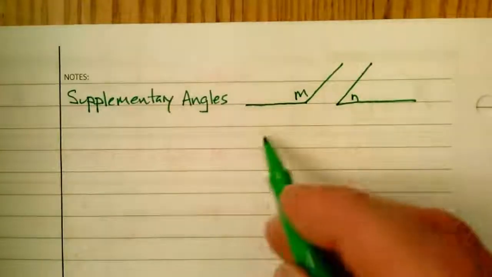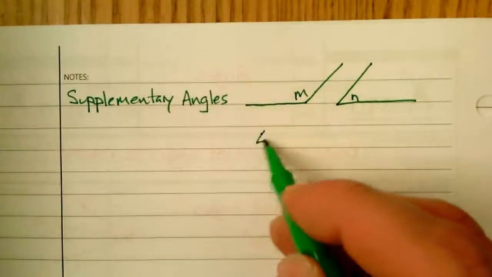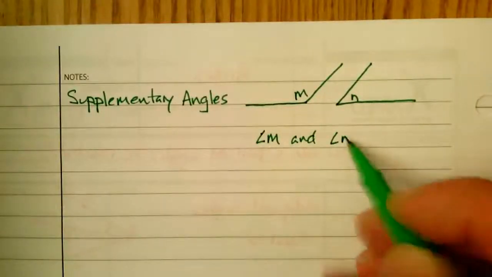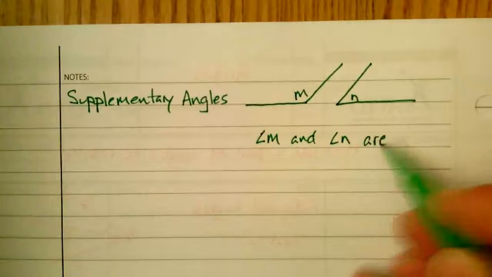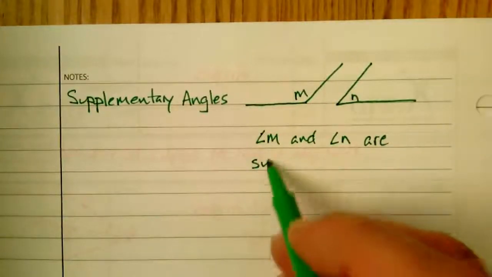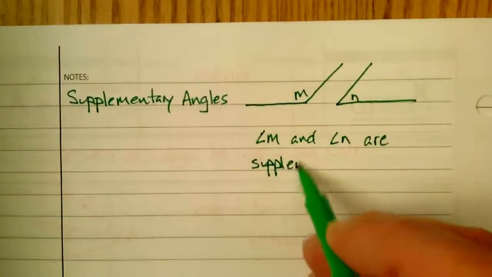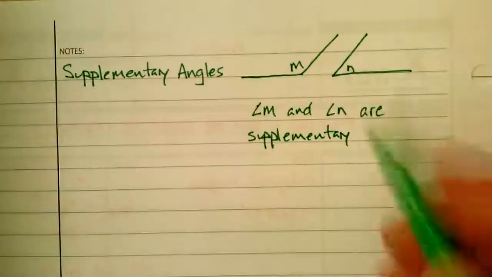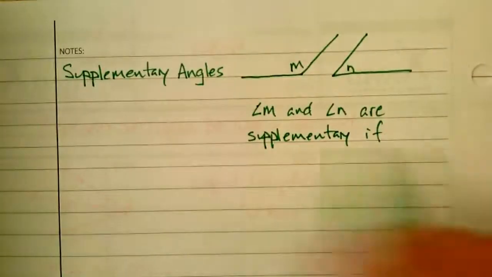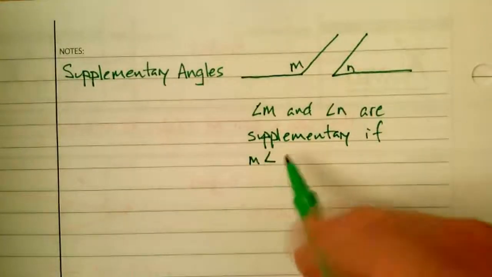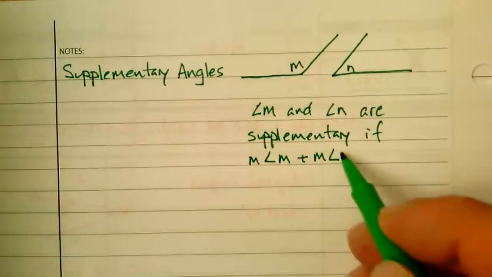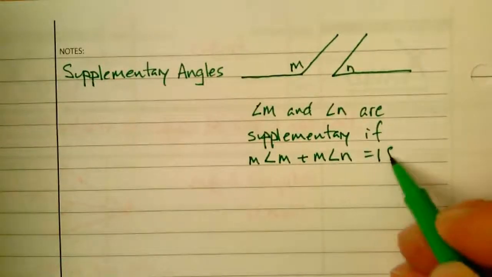And I would say angle M and angle N are supplementary if the measure of angle M plus the measure of angle N equals 180 degrees.